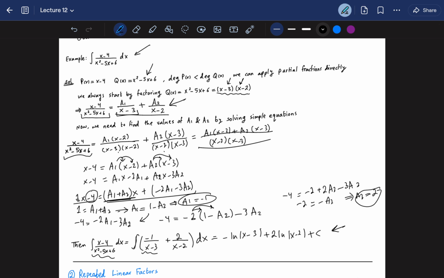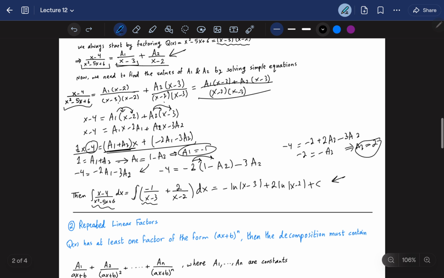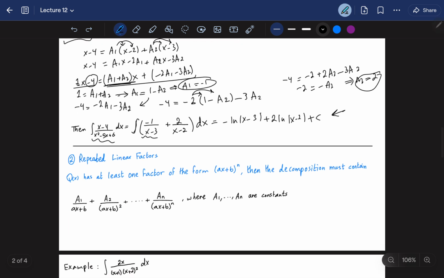So partial fractions are used when we have rational functions. That's the main idea of partial fractions. Okay, now what happens if I have a repeated linear factor? What happens if I have x minus 2 squared? What do I do then? So technically it's the exact same idea, but instead of having a over that linear factor by itself, I'm going to repeat it again.